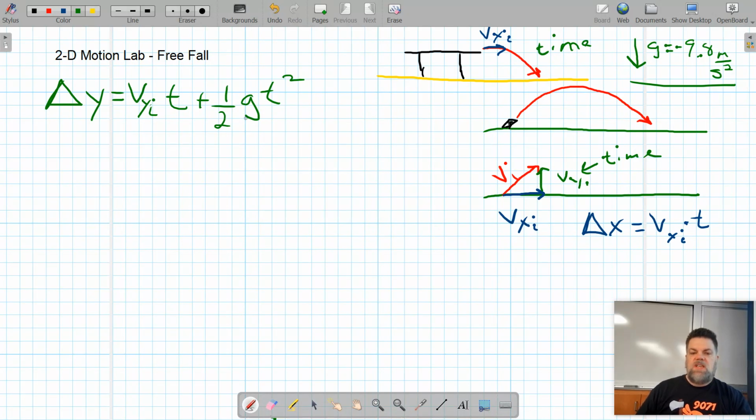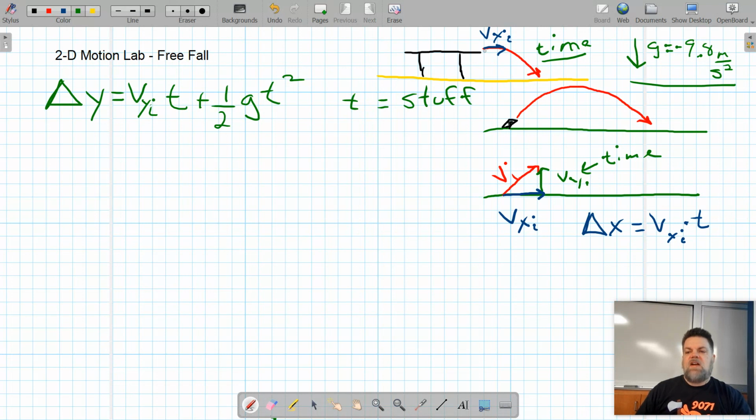So I know what g is. I don't know what the time is. I do know what delta y is. Okay? But remember, I want to find the time. So I've got to take this and algebraically make it look like t equals some stuff. Okay?